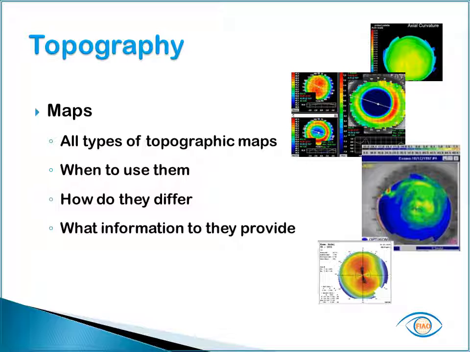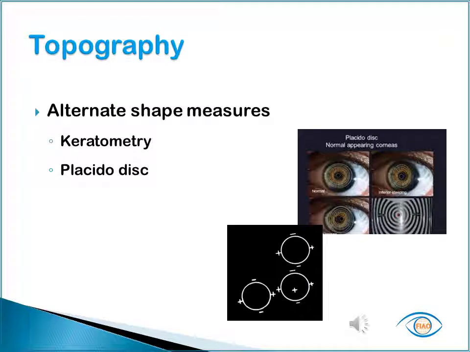Know all of the information that the topographic maps might be able to provide for you. And of course there are some alternatives to topography, such as keratometry and placido disc, and these are not super important to orthokeratology, but as a fellow you should be able to have the information about those two particular topics, even though they won't be discussed extensively.